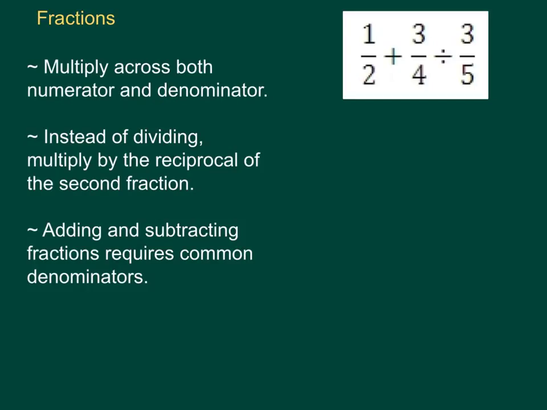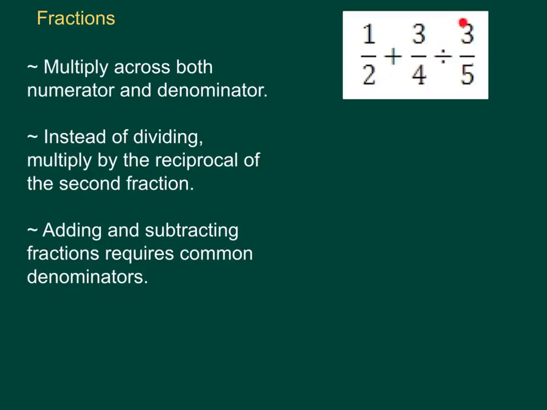All right, so let's talk about fractions real quick. In class, we've talked about fractions and mixed numbers, and we know how to convert between mixed numbers and improper fractions, and how to turn a fraction into a decimal or into a percentage. We're just going to talk about some operations on fractions very quickly today. And when we're trying to solve a problem like this here, 1/2 plus 3/4 divided by 3/5, order of operations still applies.